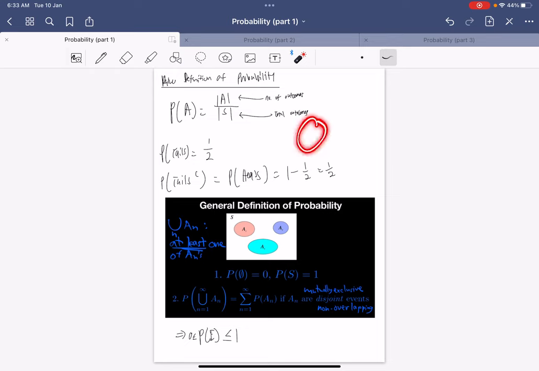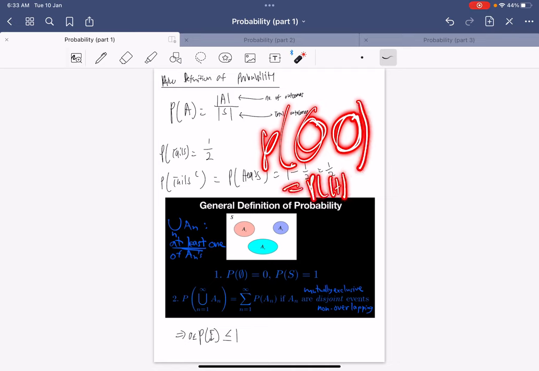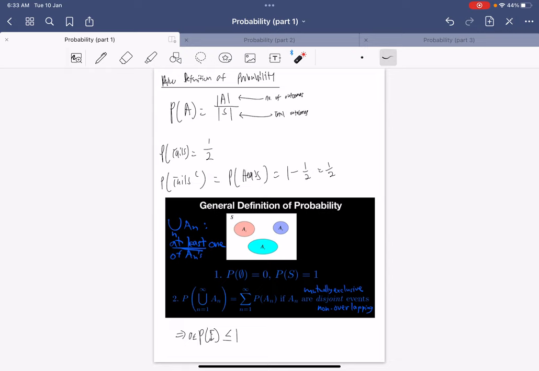It means if you get a head, you cannot get a tails, and if you get a tails, you can't get a head. And so the probability of the union of these two equals the probability of heads plus the probability of tails, which equals 1, of course, because it's the whole sample space. And with these axioms, you are able to prove that the probability of any event will be between 0 and 1.